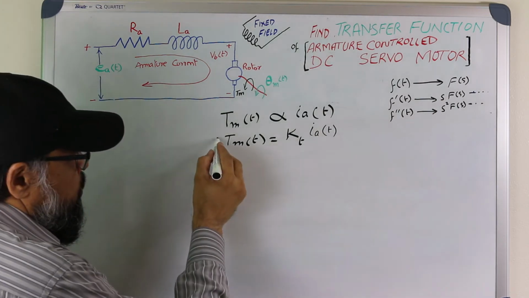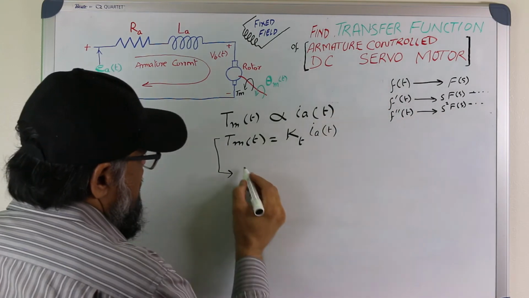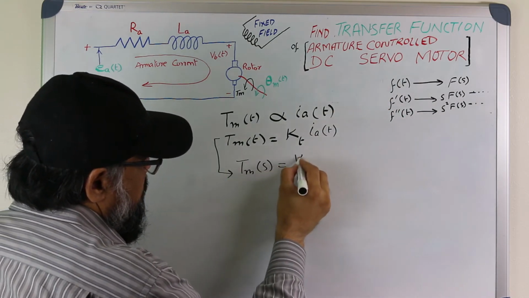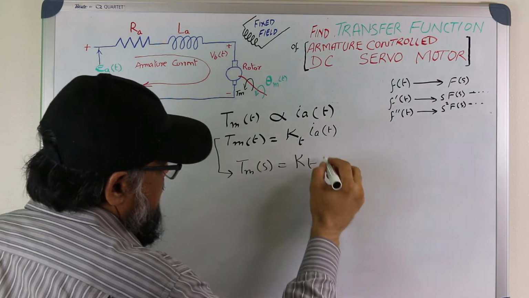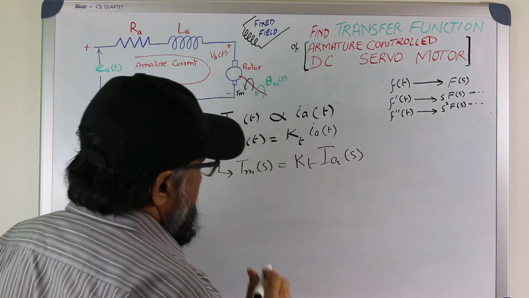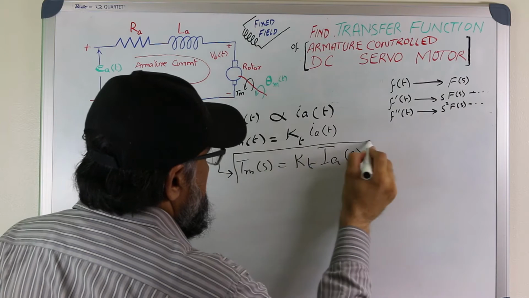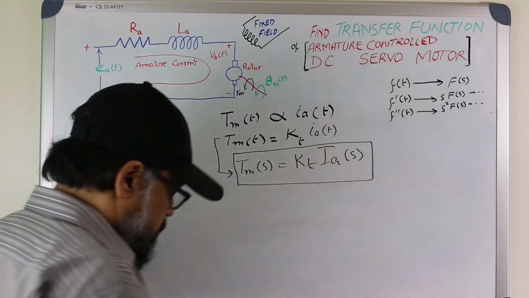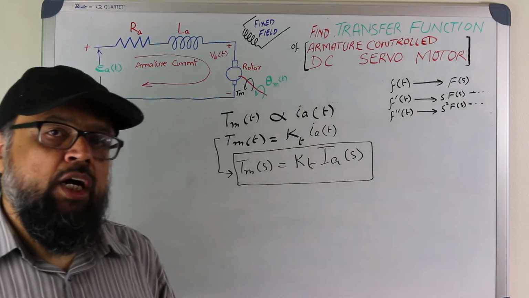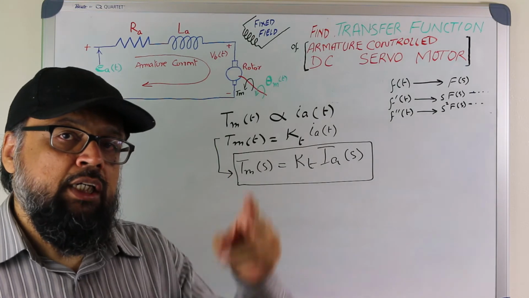So again we have to go from t to s domain, function of time. So simply we get Tm(s) equals the constant times Ia(s). So this is our formula for the torque.